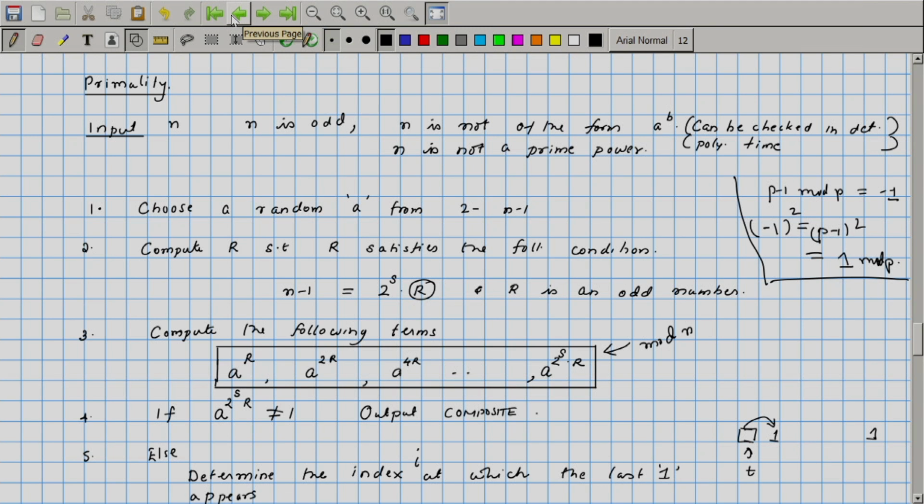So, we have only log n multiplications, and the numbers involved are between 0 and log n. So, all those operations can be carried out in polynomial time. Now, let us look at the cases where it is declaring the number as composite. First is when a to the 2 to the s is not equal to 1.